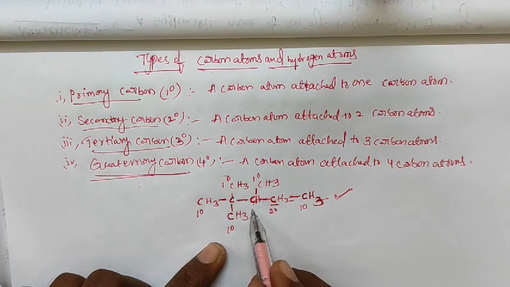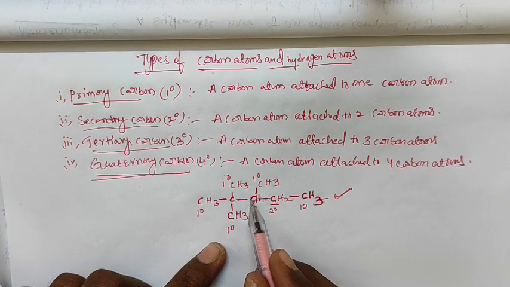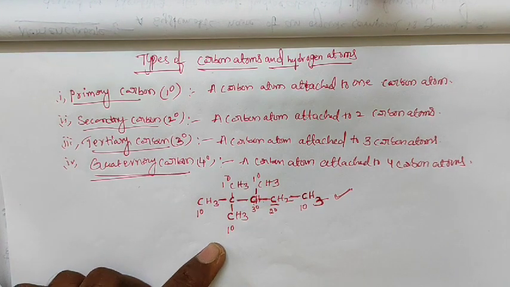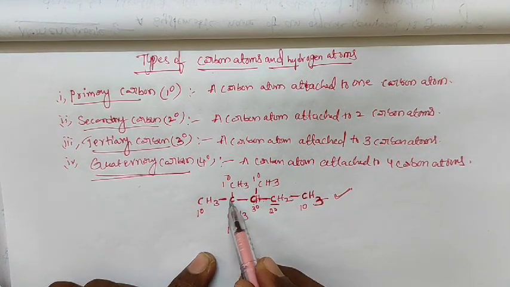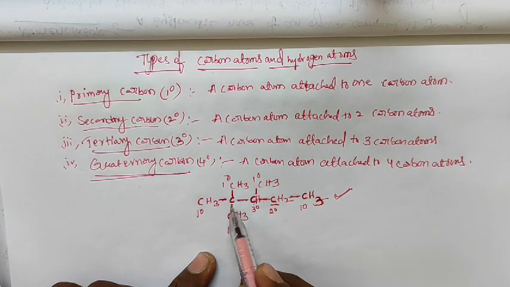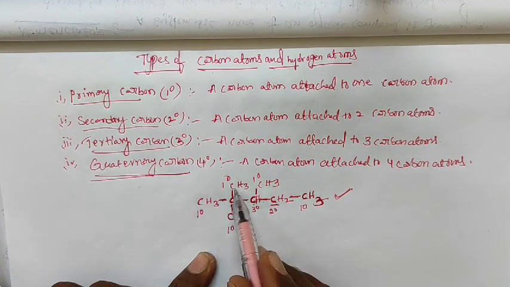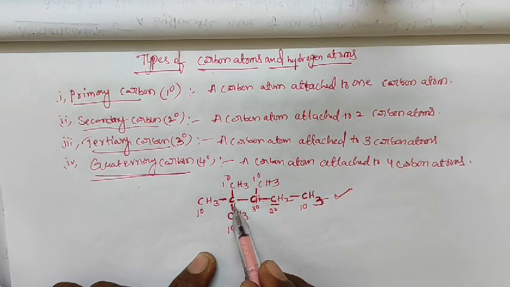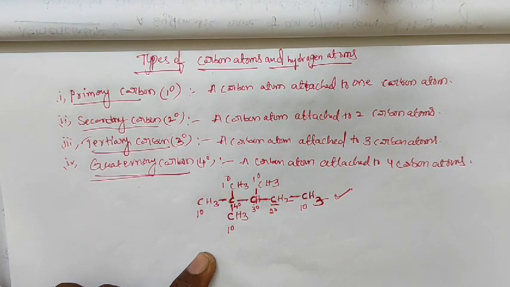So in total three carbon atoms are attached, so this is a tertiary carbon atom. Here this carbon, you can check 1, 2, 3, 4: carbon on this side, this side, this side, and here also. Now this is a quaternary carbon atom.